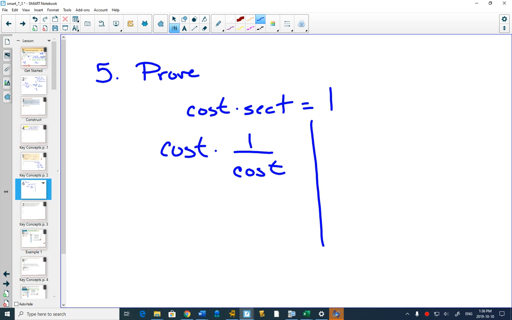Well, now I have cos, which I can make as a fraction, cos over 1 times 1 over cos. Is there anything that I can do for simplifying? Yes. Cos t divided by cos t would simplify, and it's just equal to 1.